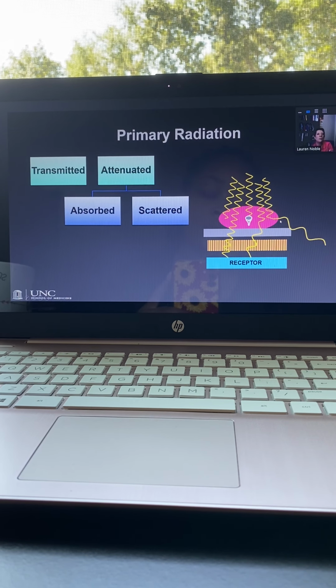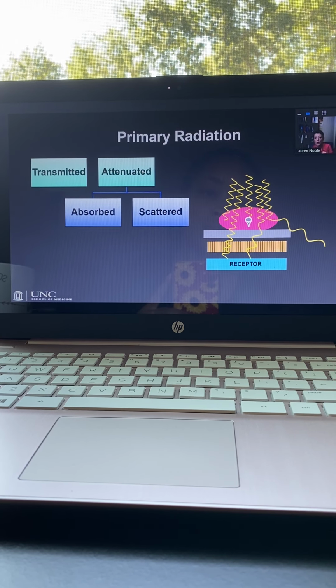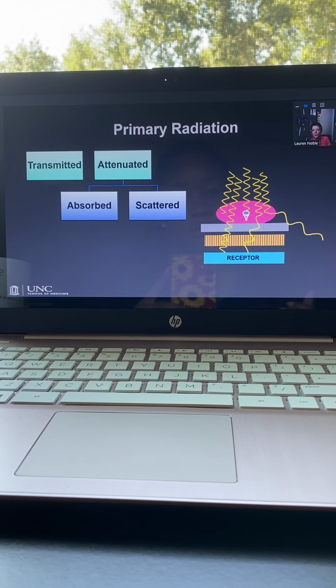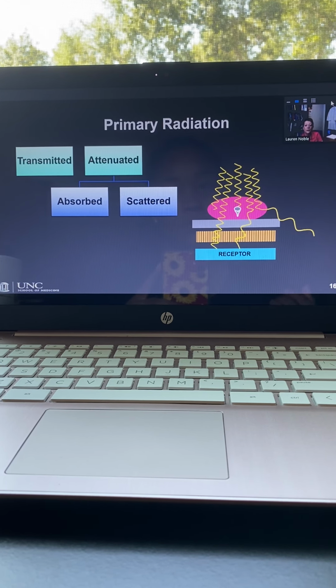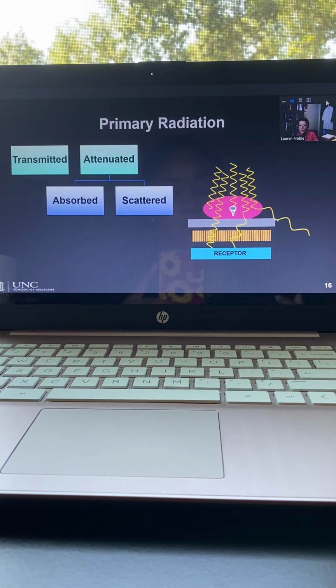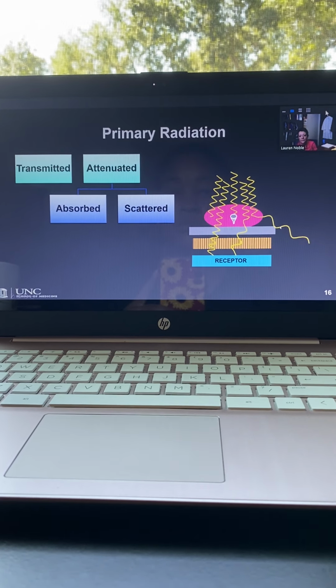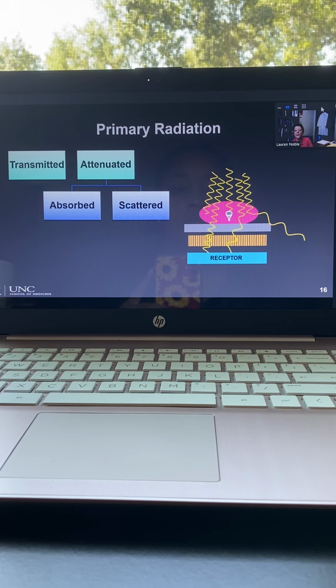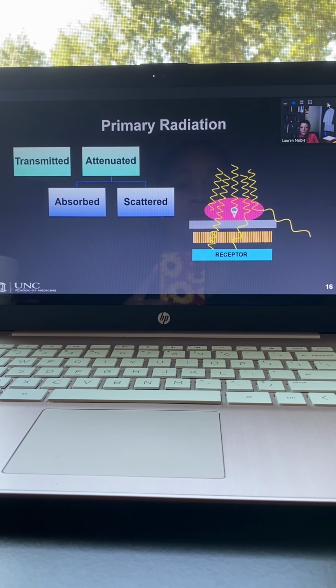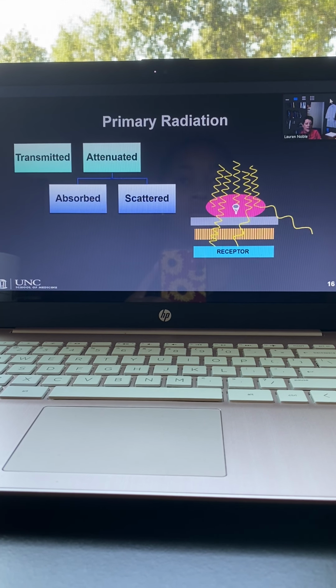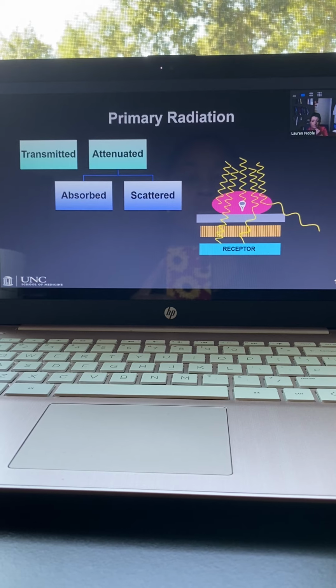It's because attenuation means a reduction in the number of photons that make it to the receptor. So purely a numbers thing. So this one's been attenuated because it has not made it to the receptor. It's no longer in the count. Does that make sense? Yeah.